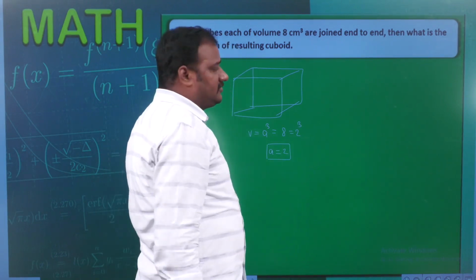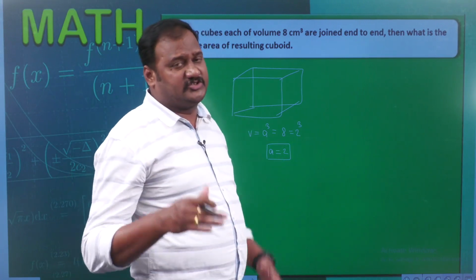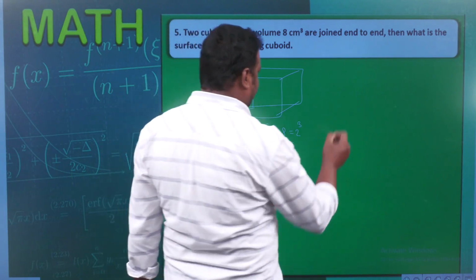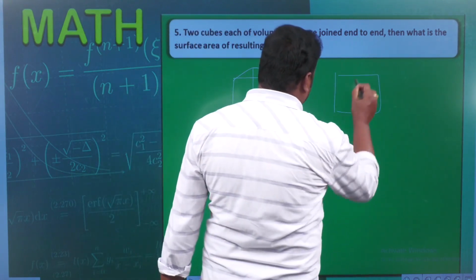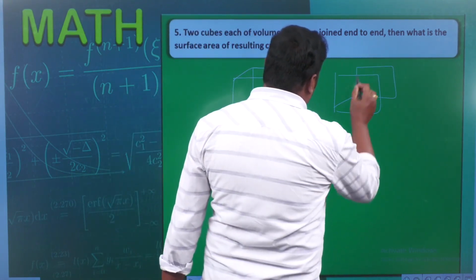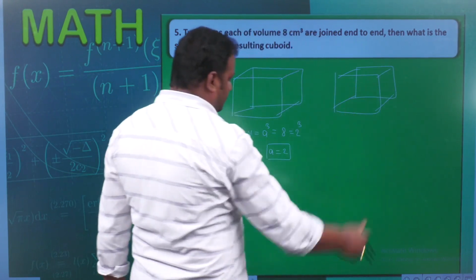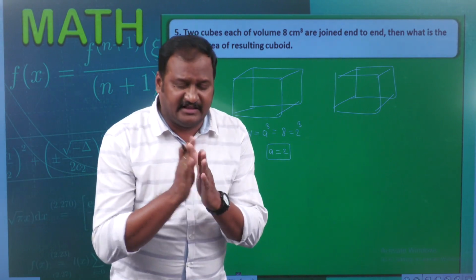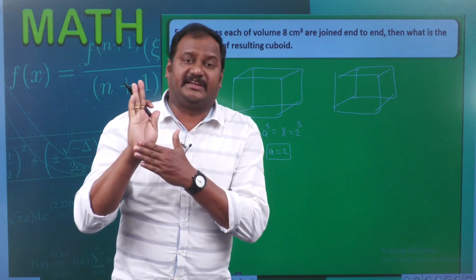Right? Now another cube which is joined end to end. So when two cubes are joined end to end, if I say one more cube is this. So this is one more cube. Both the two cubes are joined end to end. So when they are joined end to end, this face of the cube cannot be seen.